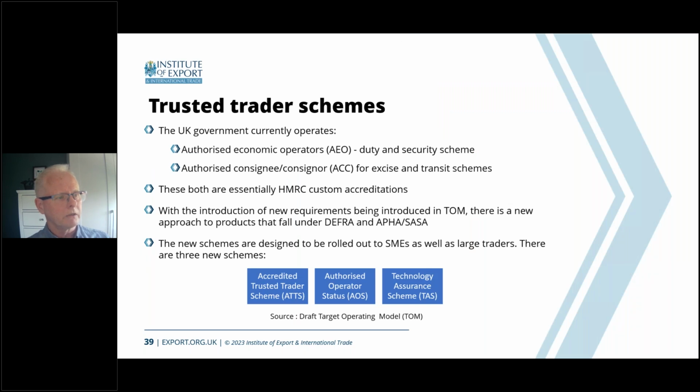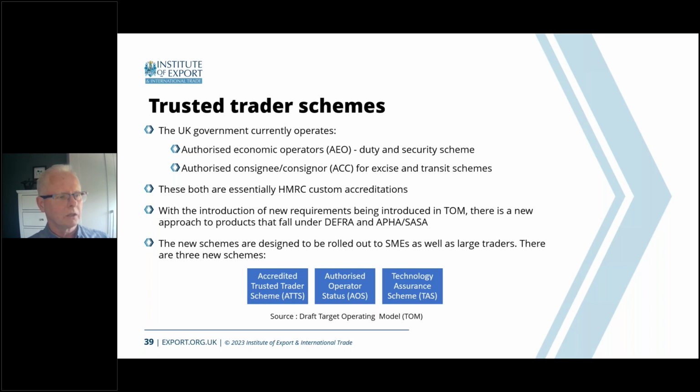At the moment, there are trusted trader schemes that the government operates. There's the Authorised Economic Operators scheme, which covers duty and security. AEO-S, for example, is for security, and you've got AEO-C for customs.